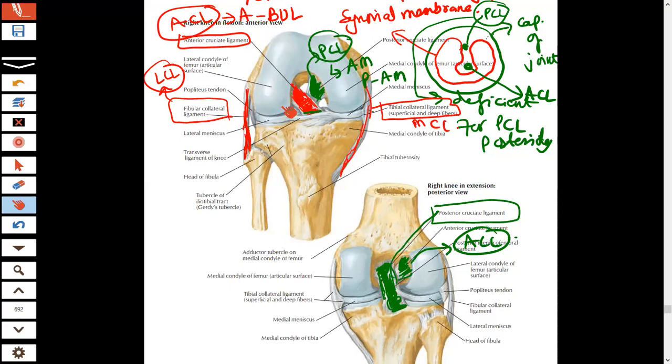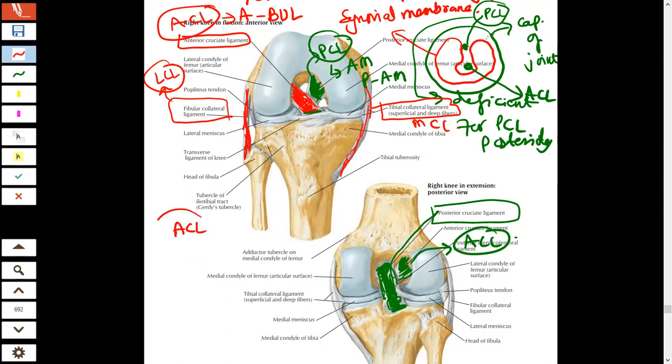So for the ACL, please remember, what is the function of the ACL now? It is starting from the letter A. So ACL will prevent, what?